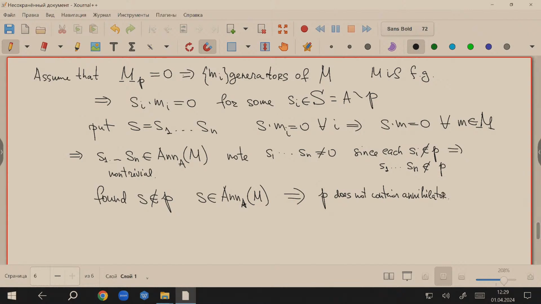And vice versa, if P doesn't contain the annihilator, we take an element in the multiplicative set.